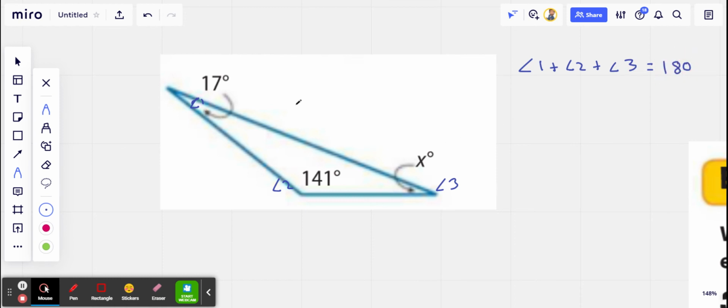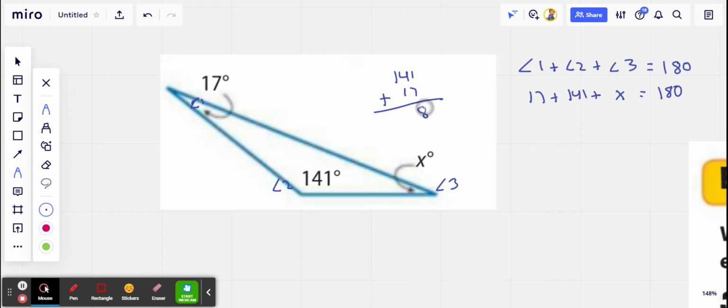Well, angle 1 is 17 plus angle 2, which is 141, plus angle 3. I'm just going to put x because that's what it is, and it equals 180. So let's add 141 plus 17.